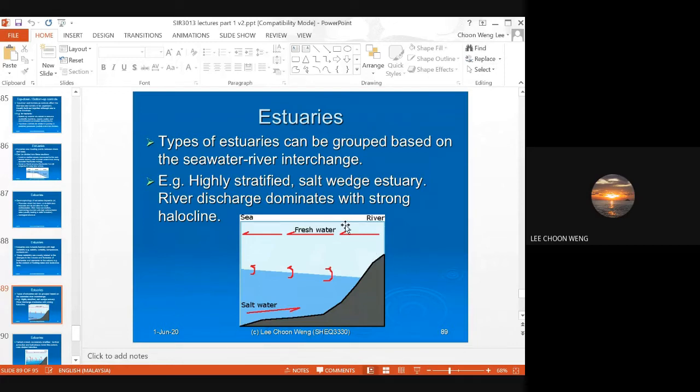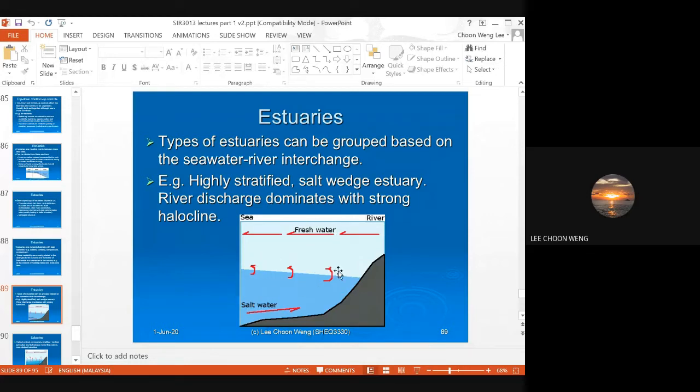Because the fresh water has about zero salinity, it is lighter than the seawater. And because of this large amount of river water, it creates a highly stratified estuary where the seawater and the fresh river water don't mix well.